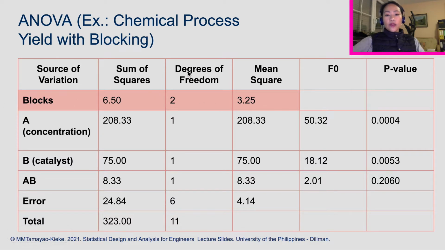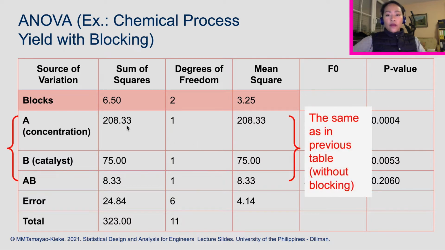And yes, you can see there are 2 degrees of freedom for blocks, because we have 3 blocks, and these are the sum of squares. I will talk about this later on, and as usual, mean square is just equal to your sum of squares divided by your degrees of freedom.